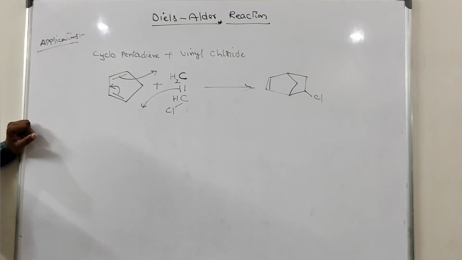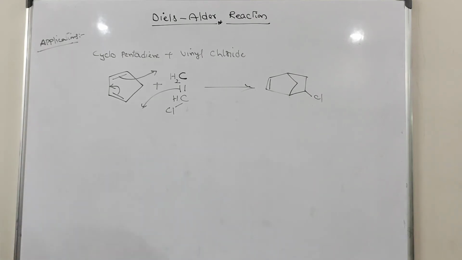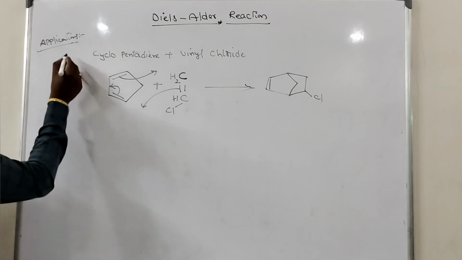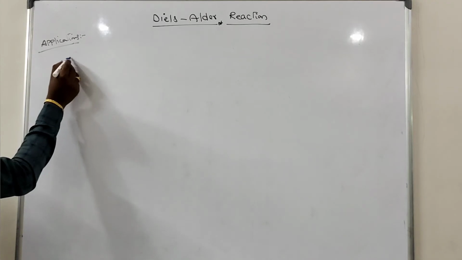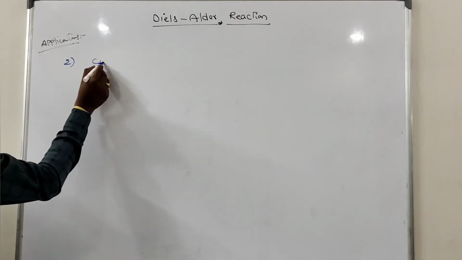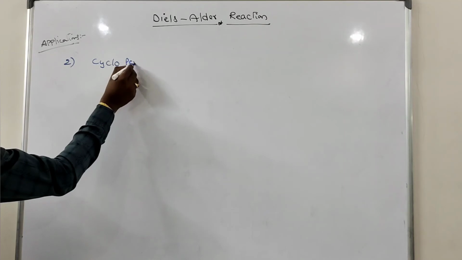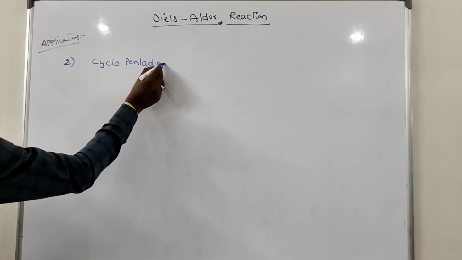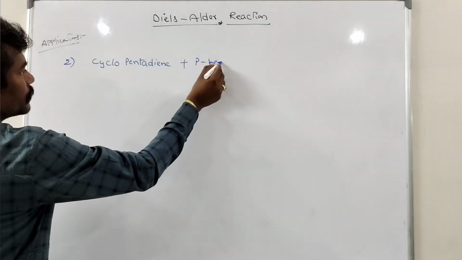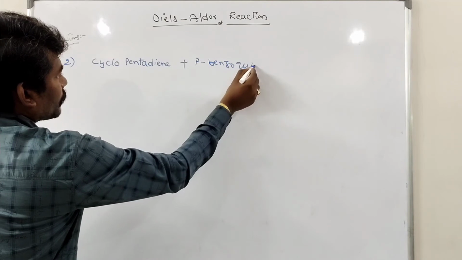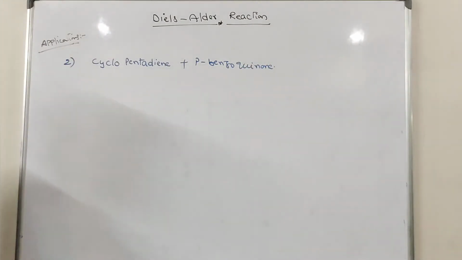Next, what happens when cyclopentadiene reacts with para-benzoquinone? Second application: cyclopentadiene with para-benzoquinone.